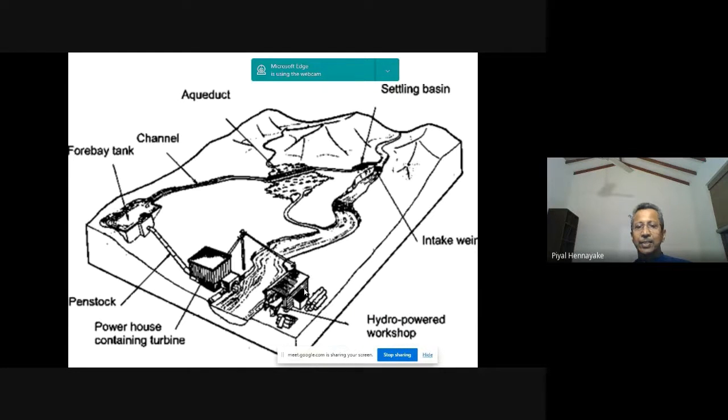This is not grid connected. This is a hydropowered workshop. So that's the example: using the hydropower, the workshop will run. And here on the channel there is a spill, so extra water will be spilled and come back to the river.